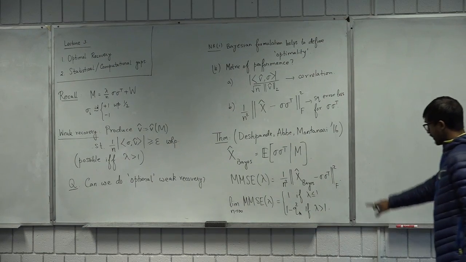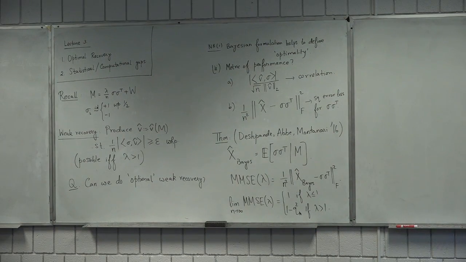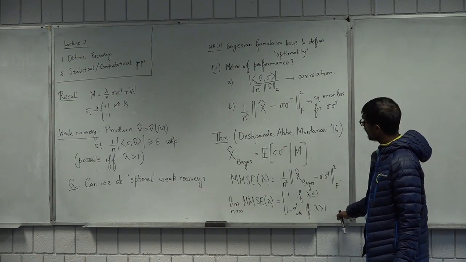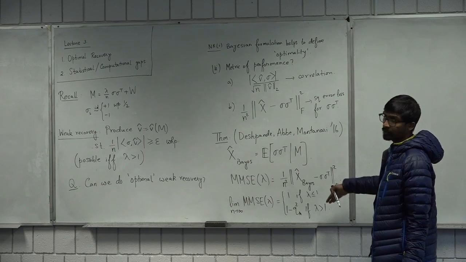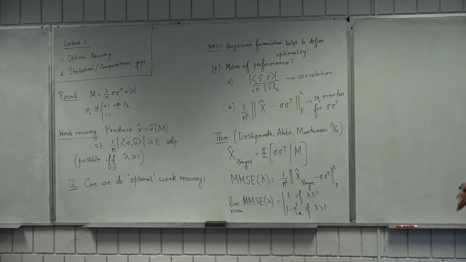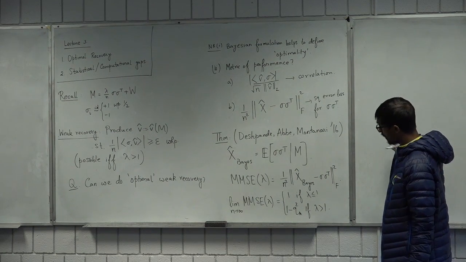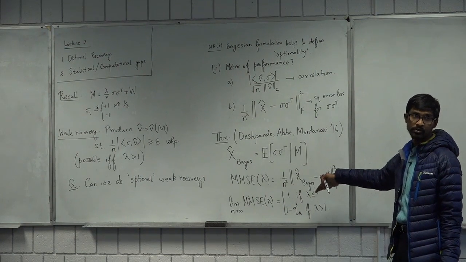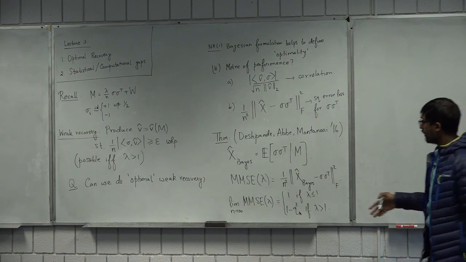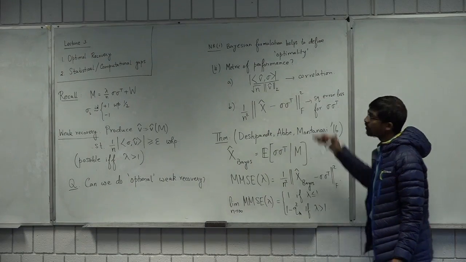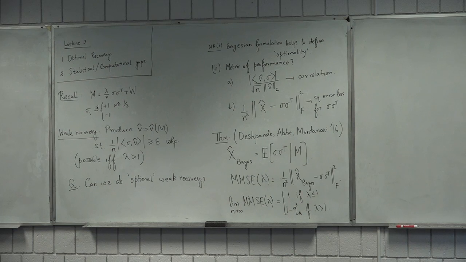And Q star is implicitly defined through a fixed point equation, so I won't get into that description. But this is just to say that we understand what the Bayes optimal performance is. We have a benchmark so that moving forward, whenever we have some other estimator, we'll try to compare its performance to this benchmark. And not only under this MMSE, under the correlation kind of metric also, we know what the optimal overlaps are, things like that.